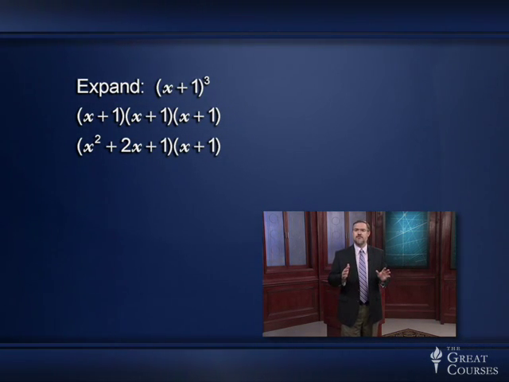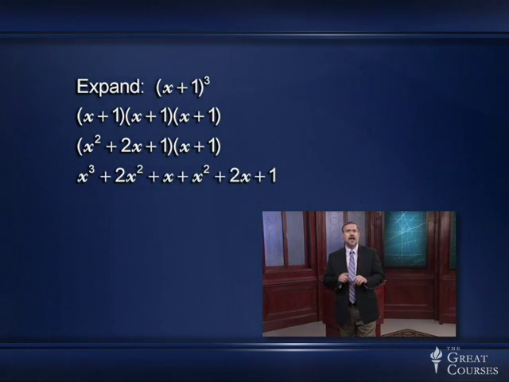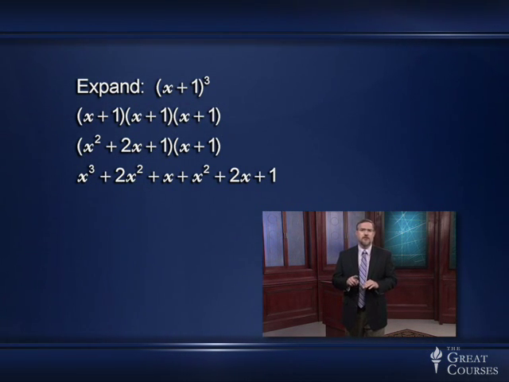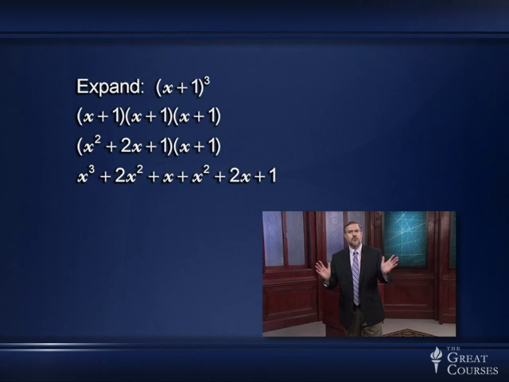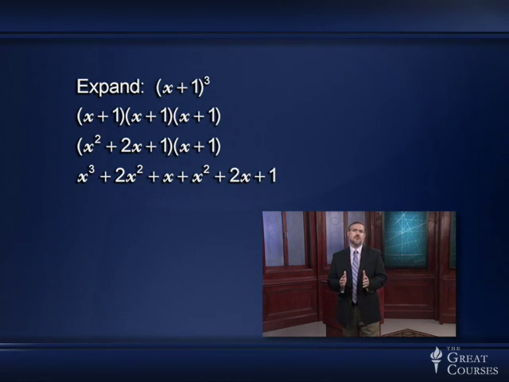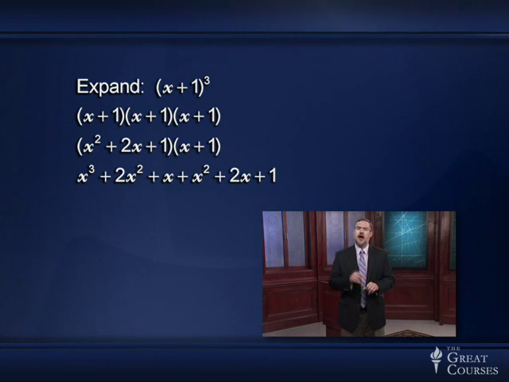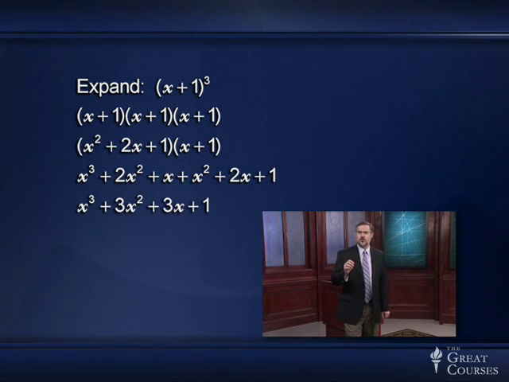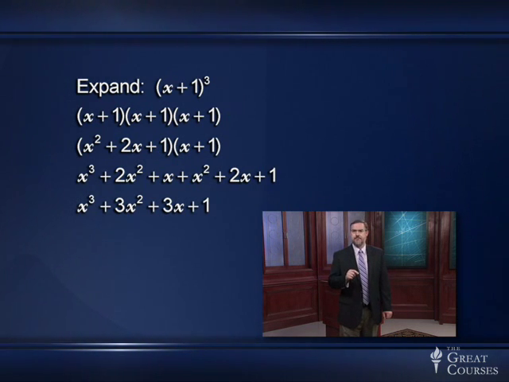And so that's going to give me actually 6 terms once I multiply it all out. And when I do that, I'm going to have x cubed plus 2x squared plus x squared plus 2x plus 1. And when I combine the common terms, the x squareds together and the x's together and so on, I will end up with x cubed plus 3x squared plus 3x plus 1.